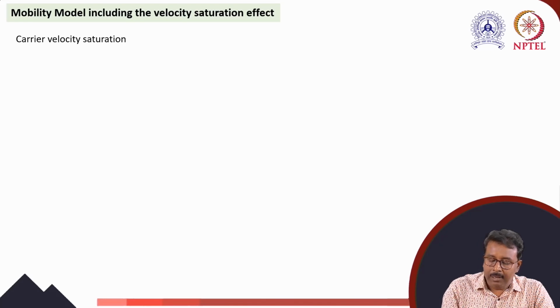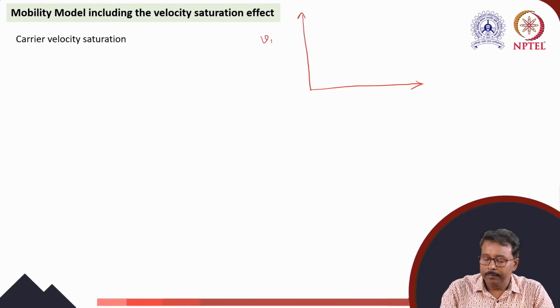So if we plot here the velocity versus electric field, it looks like this. It should go like this.